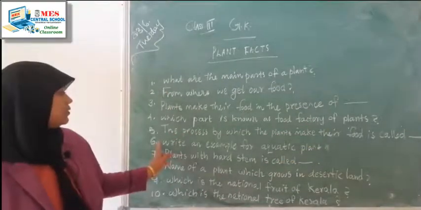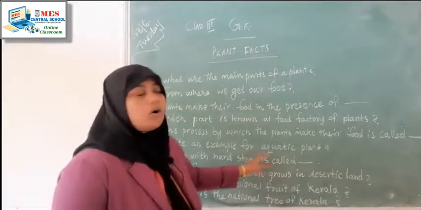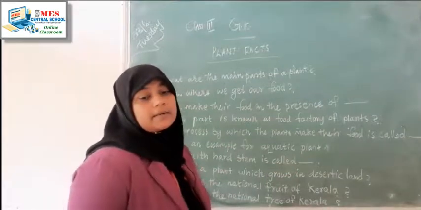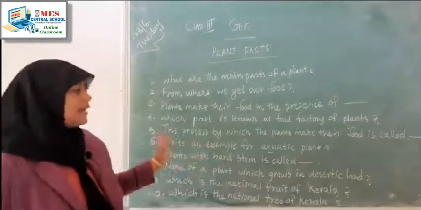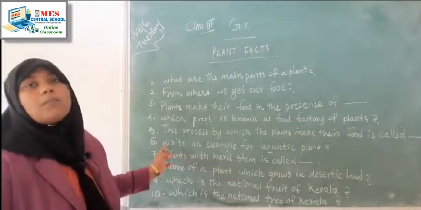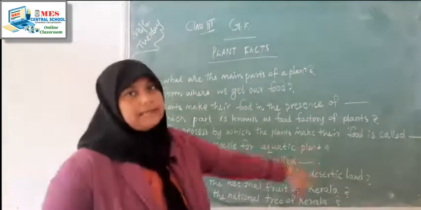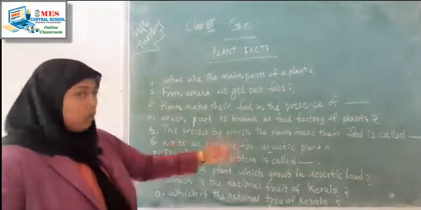And the sixth question is, write an example for an aquatic plant. Do you know what an aquatic plant is? Aqua means water. So you write an example for a plant which is growing in water. That is an aquatic plant.